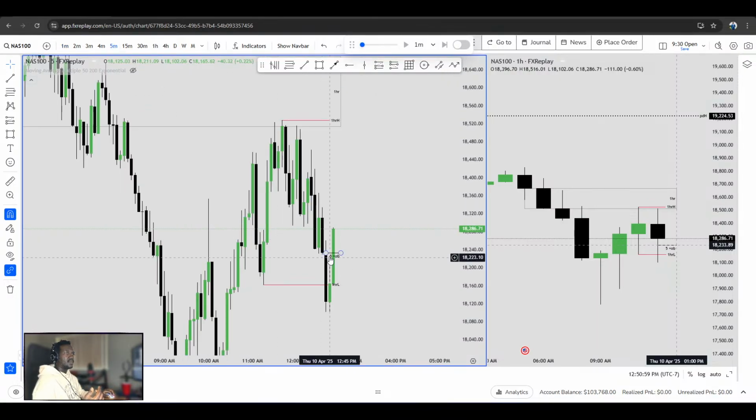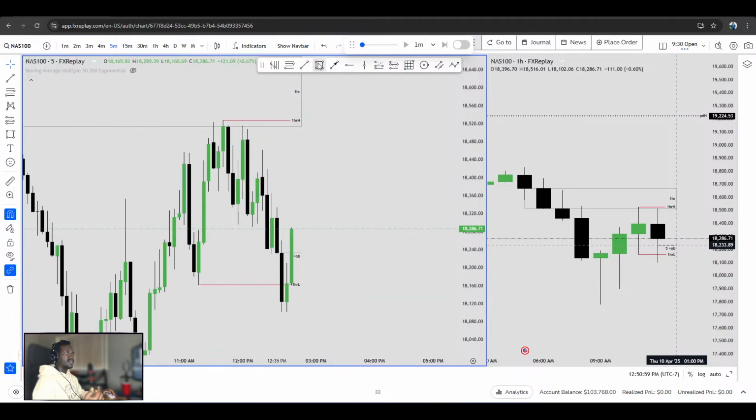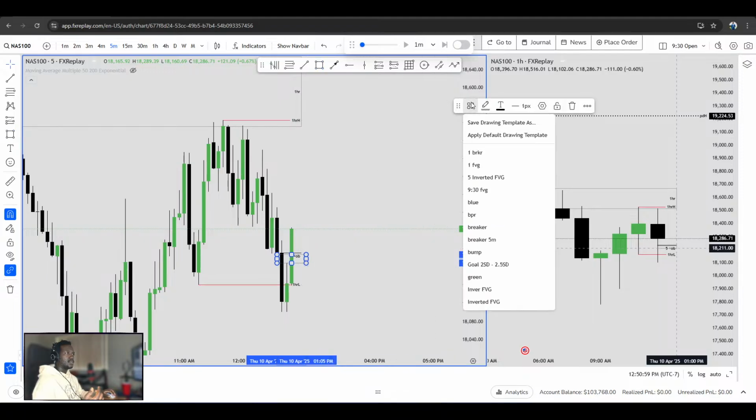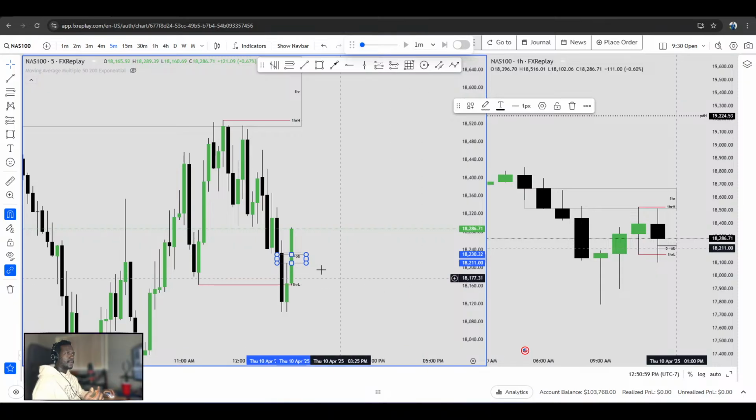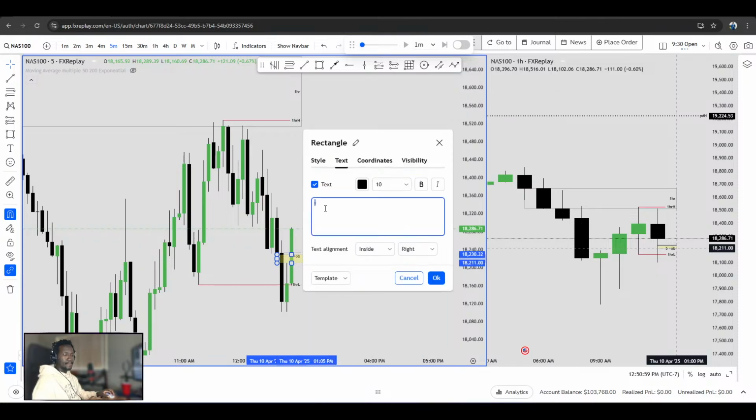So that 5-minute order block has confirmed, and so far we do have this inverted 5-minute here that I think I'm going to check out. So the next examples, I'm just gonna go straight. This one is kind of taking a little bit more time.